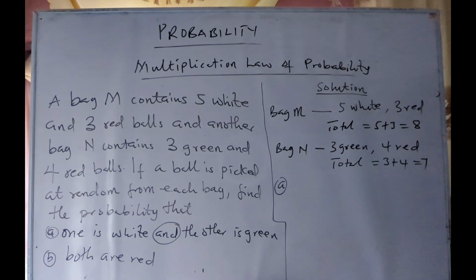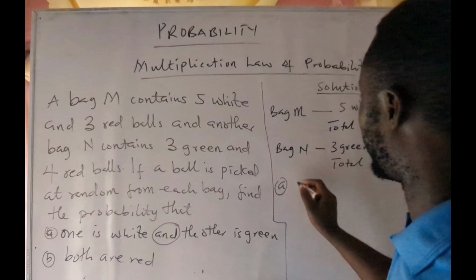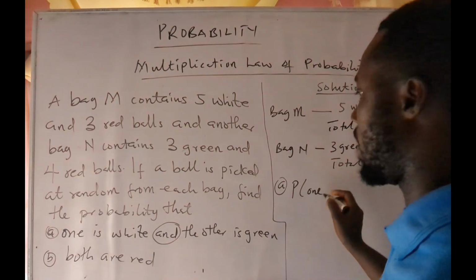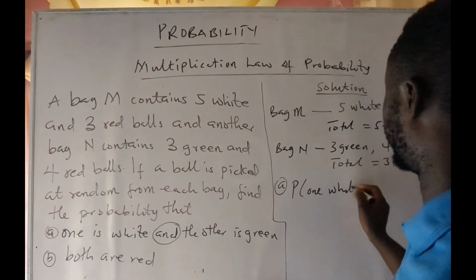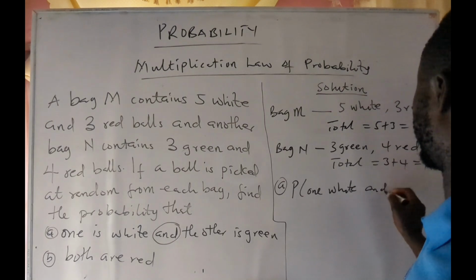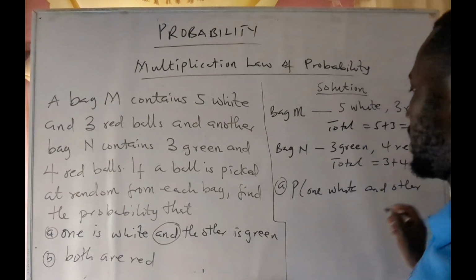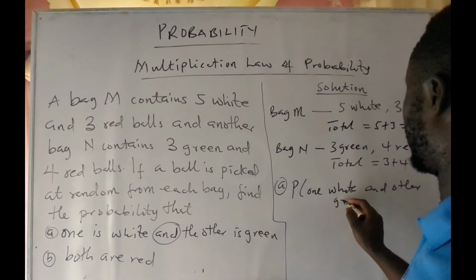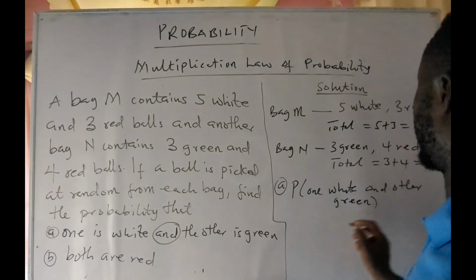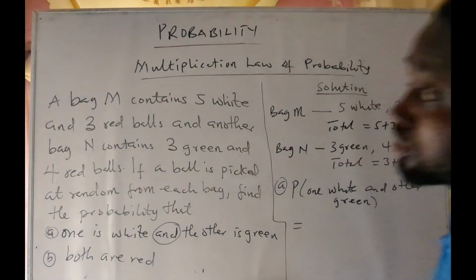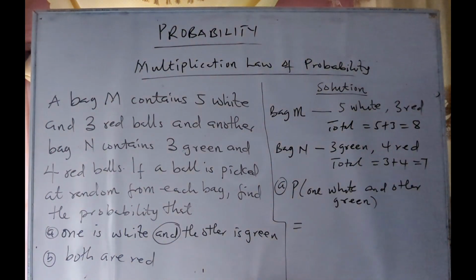So the probability of one white and the other green. Take note that the bags were 2, so we pick one from here and one from here.